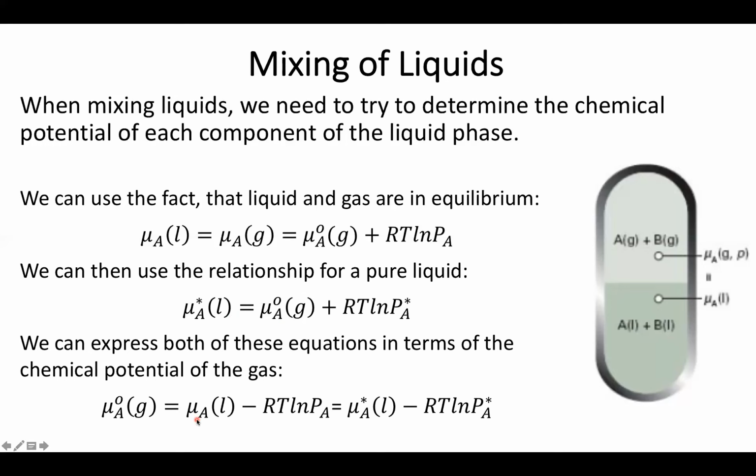For the mixed species, this can be given as the chemical potential of my liquid minus RT times the natural log of the vapor pressure of the mixed species. But this is also equal to the chemical potential of the pure liquid minus RT times the natural log of the vapor pressure of the pure liquid.